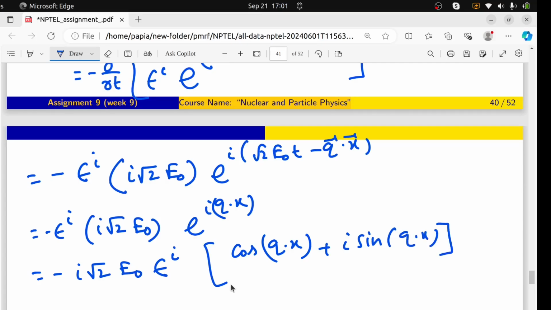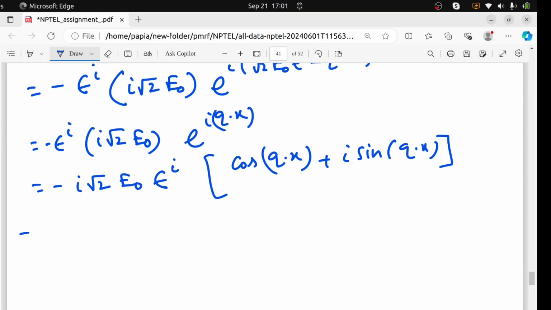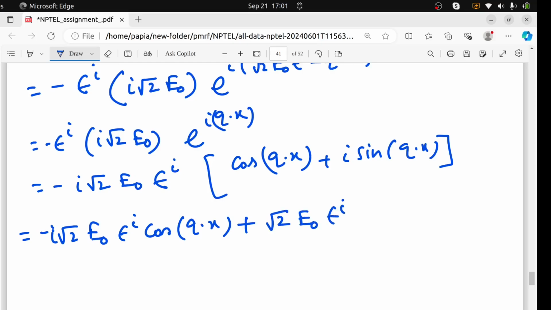I can write it like that. Now minus i root 2 E0 epsilon i cos q dot x. Here you can see this is plus, this is minus, and i times i will give us minus 1. So it will be plus root 2 E0 epsilon i sin q dot x.